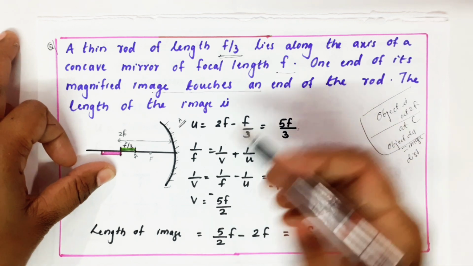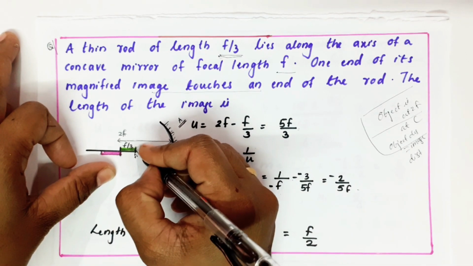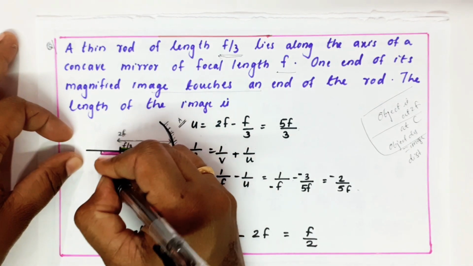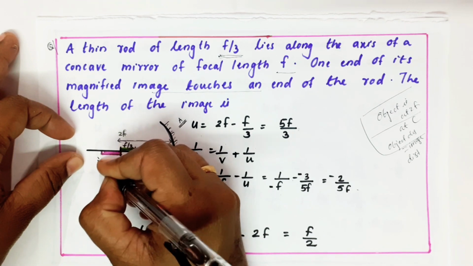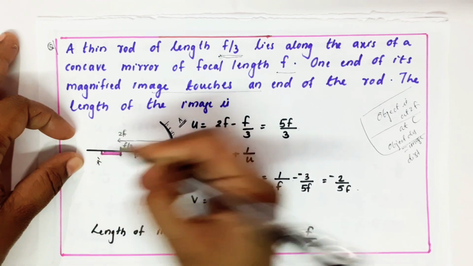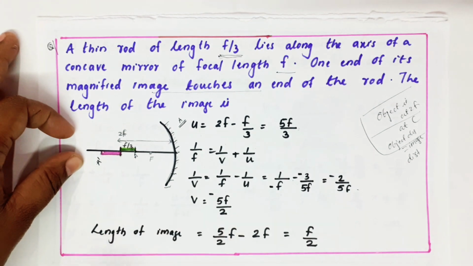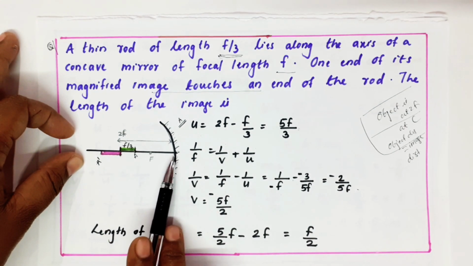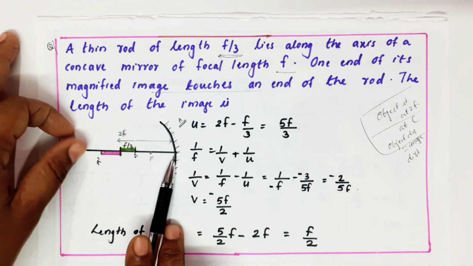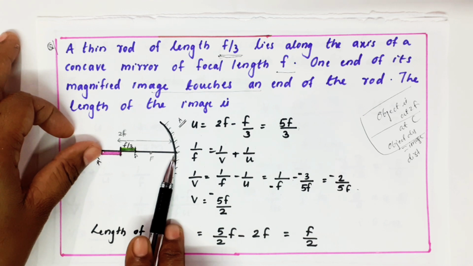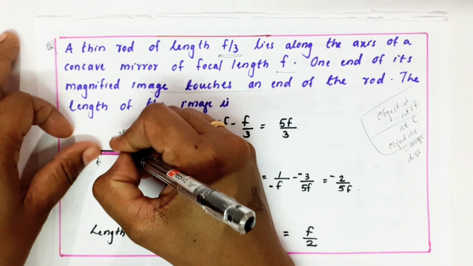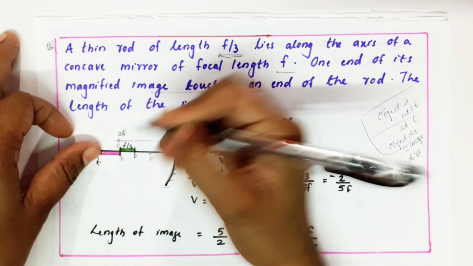What is the meaning? For point A, I am getting an image here, A dash, at a distance of 5f by 2 from the pole. You got the point? This point is your B. B means the image is formed at B only.